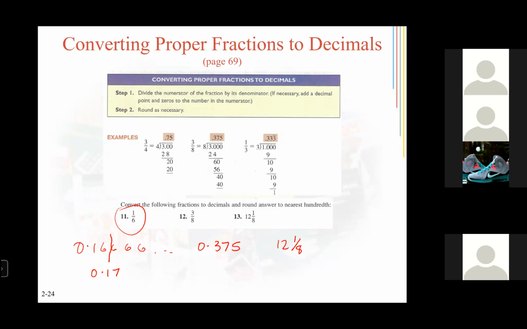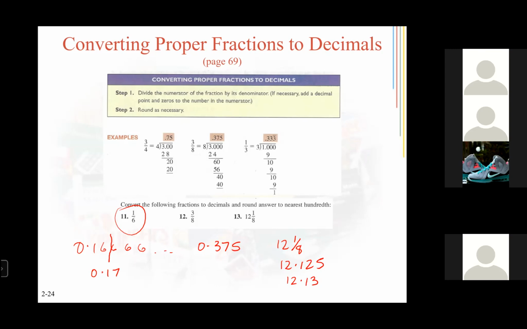And what do you get when you divide the 1 by the 8? 0.125. Okay, so that's 12.125. But now they want it to the nearest hundredth. So that would be 12.13.